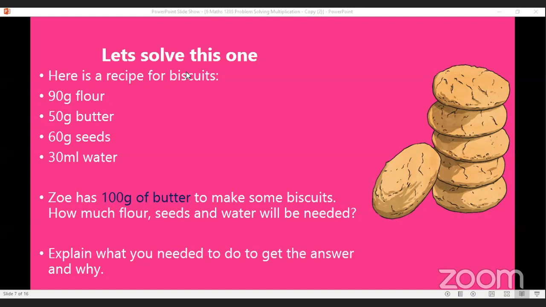Zoe has 100 grams of butter to make some biscuits. How much flour, seeds, and water will be needed? Explain what you needed to do to get to the answer and why.